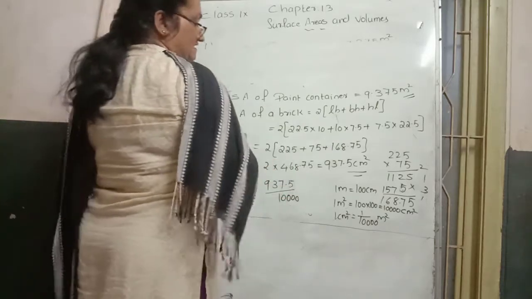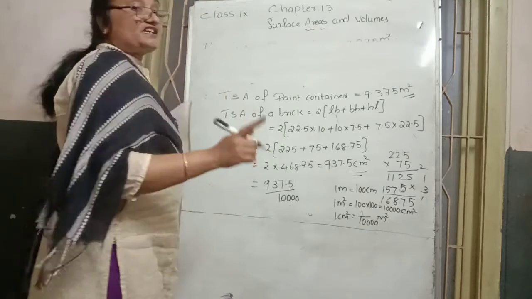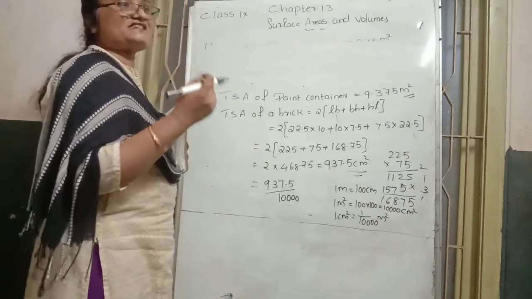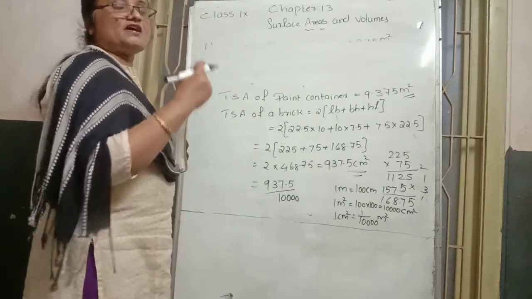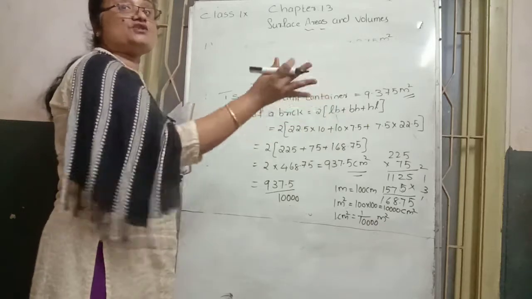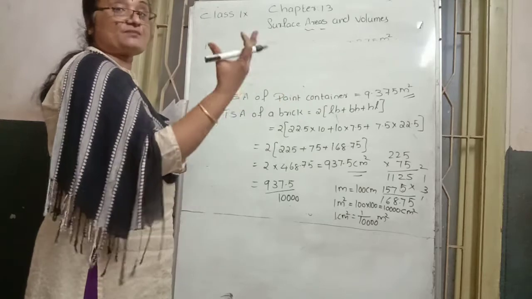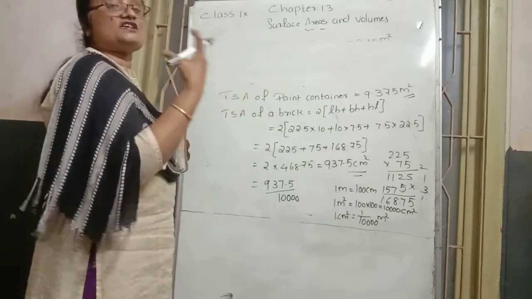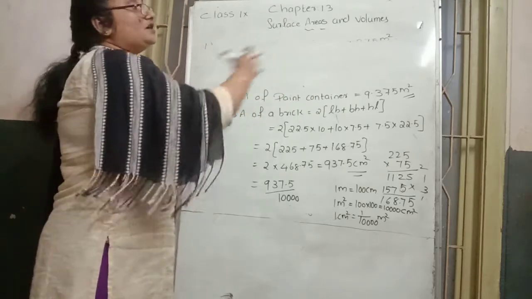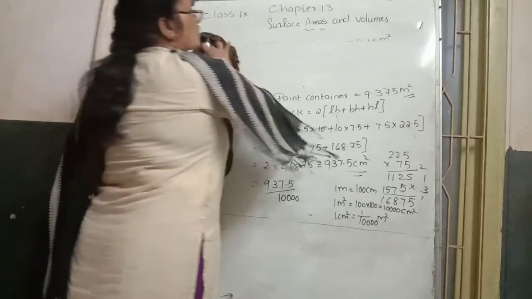Then our question is to find how many bricks can be painted using that paint. Which paint? The container's paint. Using that paint, how many bricks can we paint? That is the meaning of the question.